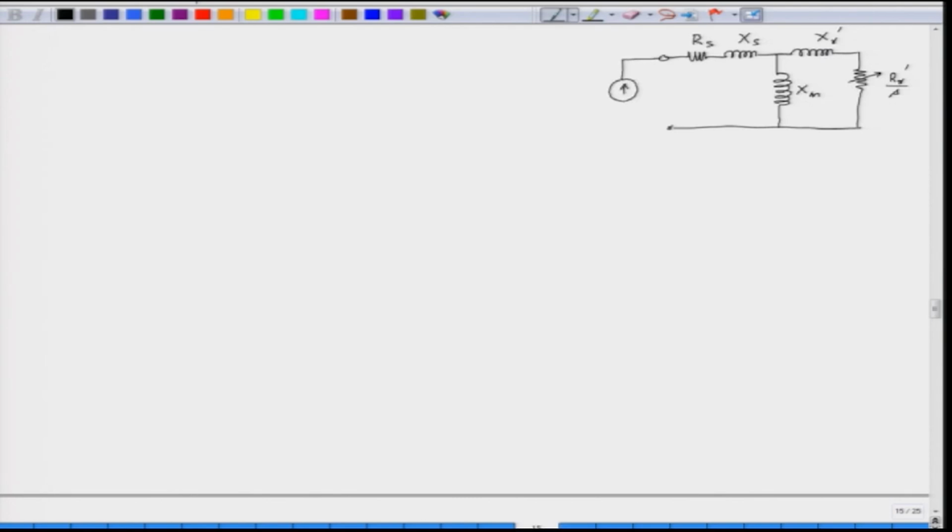The CSI is represented by a current source. Now, this is our rotor current IR, and the magnetizing current is Im. The stator current is of course Is here. Now, if we want to find out what is Im, Im in this case is the magnetizing current, which we want to keep constant.